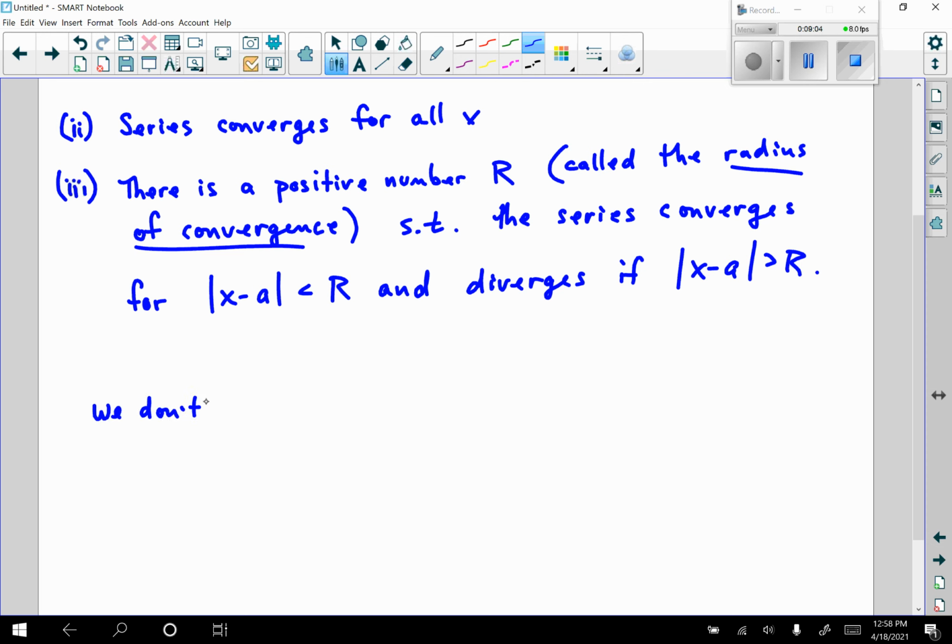We don't know about the absolute value of x minus a is equal to r, so we must check.